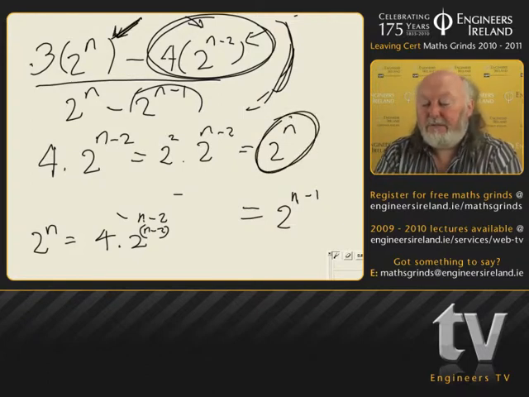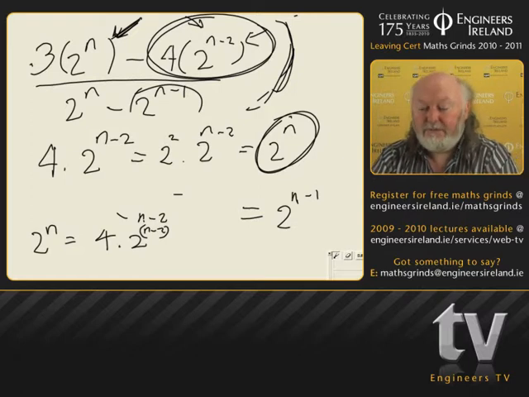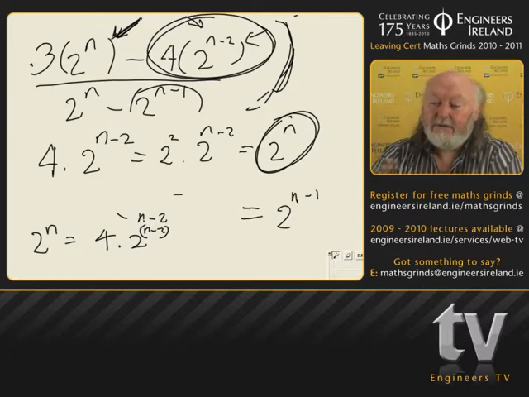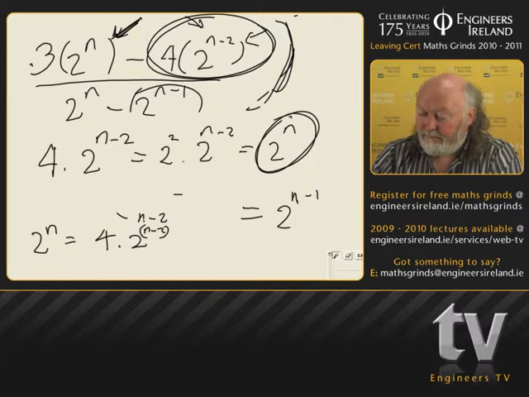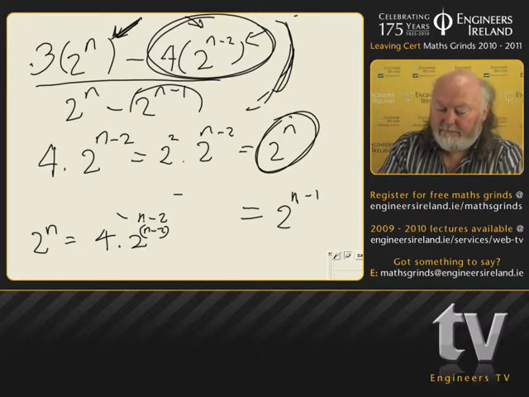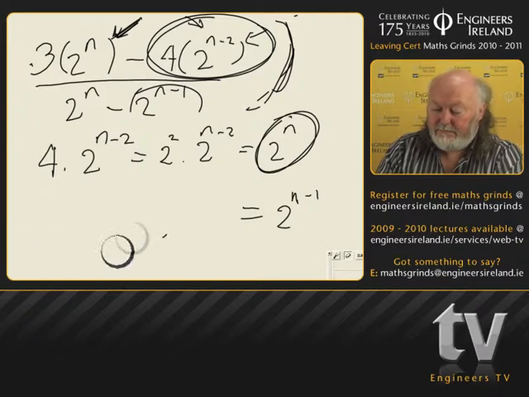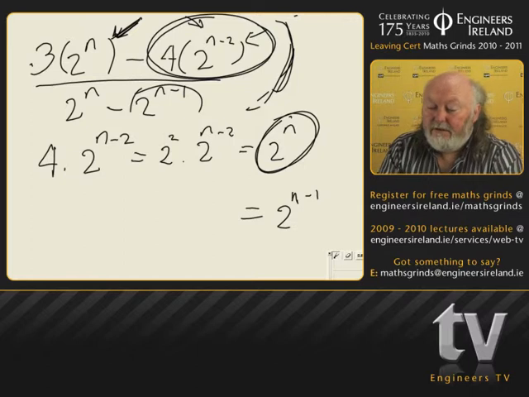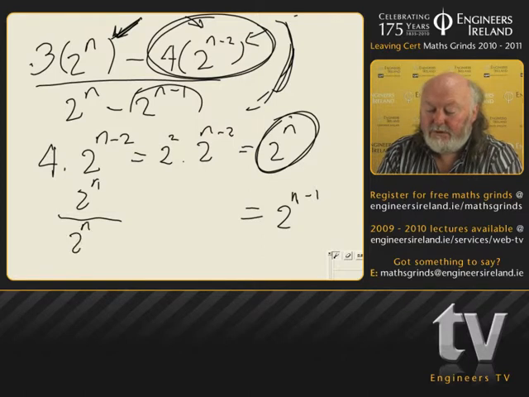So I'm saying 3 apples minus an apple is 2 apples. Our equation now becomes 2 to the n divided by 2 to the n minus 1.